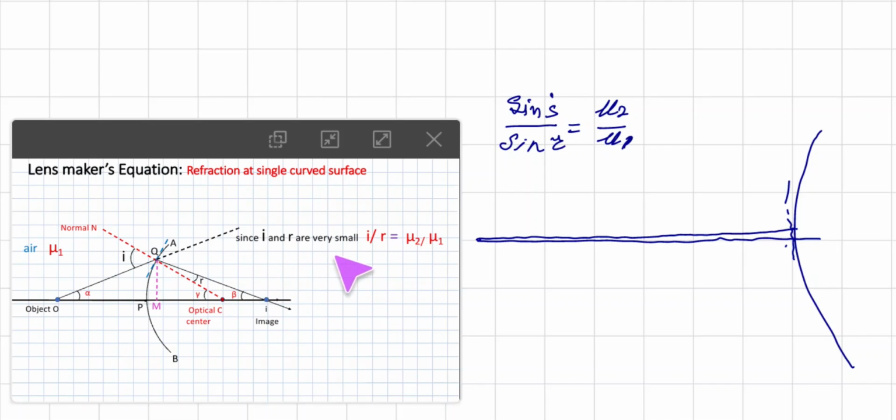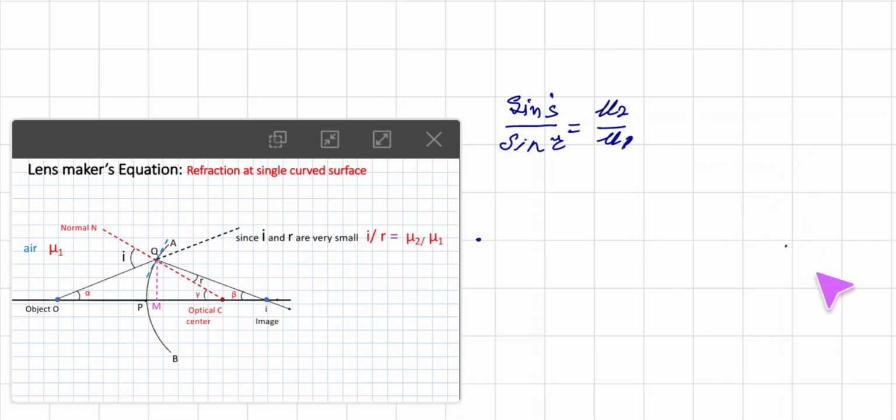So since I and R are very small, we can consider sine I and sine R. When the angle is very small, sine theta is equal to theta. In the same fashion, instead of writing sine I upon sine R is equal to mu 2 upon mu 1, we can simply write I upon R is equal to mu 2 upon mu 1.